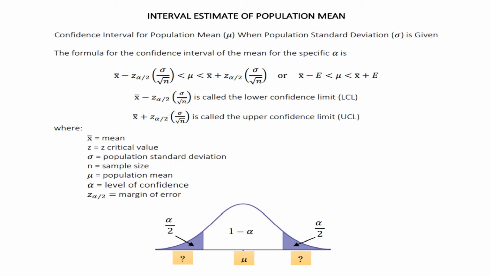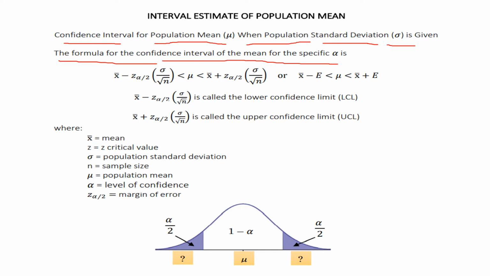For this slide, we're talking about the interval estimate of the population mean. So your confidence interval of the population mean mu when the population standard deviation sigma is given. Here is a formula for the confidence interval of the mean for a specific value of alpha, which is your level of significance.